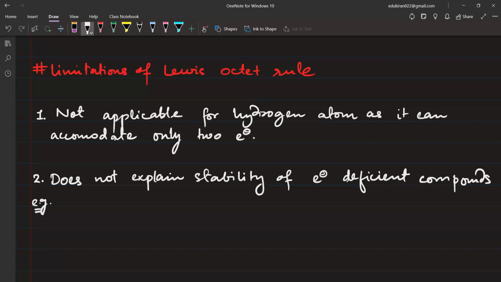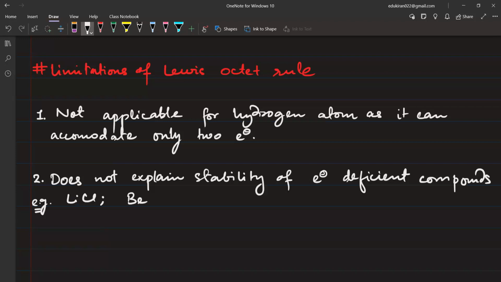For example, lithium chloride, LiCl. So in LiCl, what happens? Li has positive and Cl has 1, 2, 3, 4, 5, 6, 7, 8 valence electrons. Lithium has 0 valence electrons. As you can see in this structure, lithium is only having how many? 2 electrons. So obviously it is not stable. Again, you can write example LiCl.